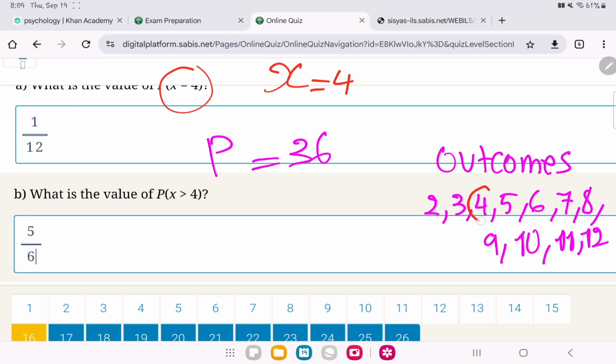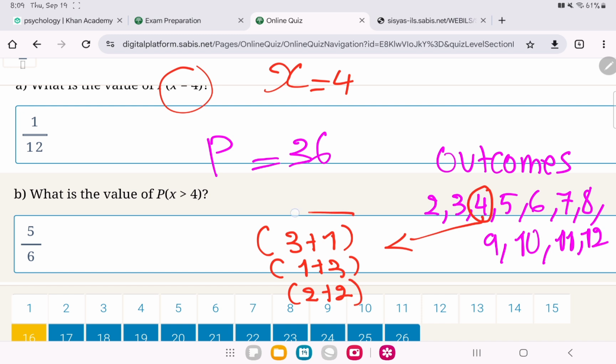We know that for 4 to happen in the dice, we have the possibility of 3 plus 1, 1 plus 3, and 2 plus 2. So that's 3 possibilities, okay? We're gonna put it over the total number of possibilities, which is 36, so that is 1 over 12.